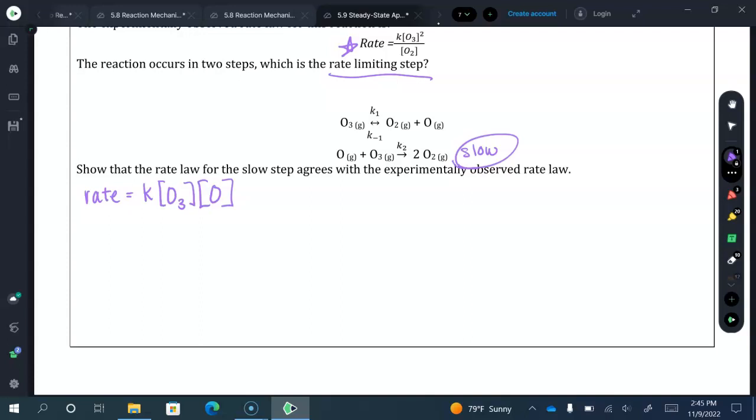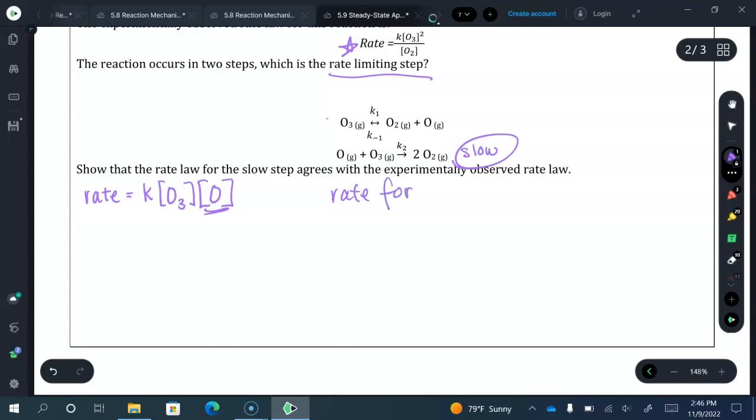So the rate law for the slow step would be as here. However, we cannot use it as written, because it has an intermediate, so we go to the first step and we write the rate law of the forward reaction. Remember that for this, the rate forward, because it's at equilibrium, is equal to the rate of the reverse.